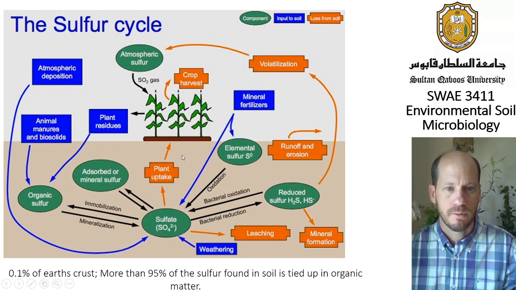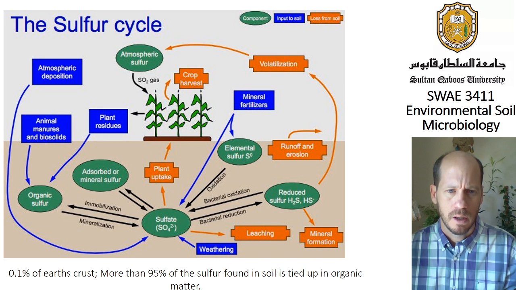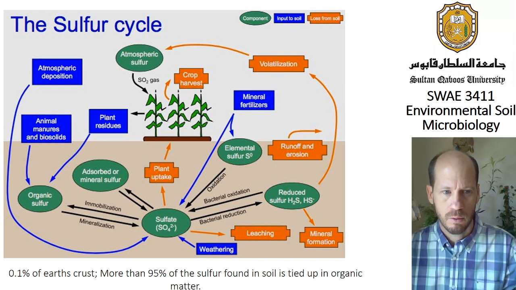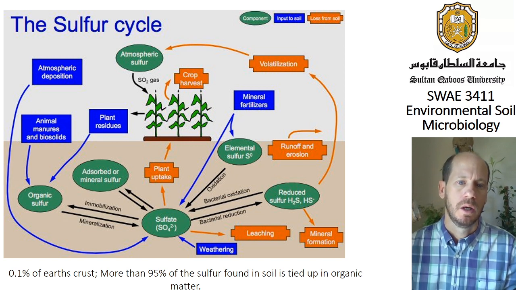So the main sources for agricultural systems of sulfate are atmospheric deposition, but not as much as we had before, plant residues, animal manures, or organic matter that you can add to the soils, mineral fertilizers or amendments that contain sulfur.